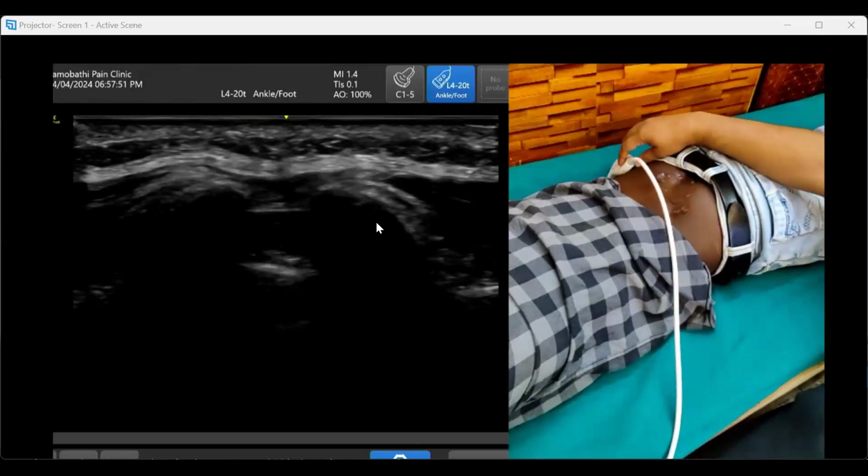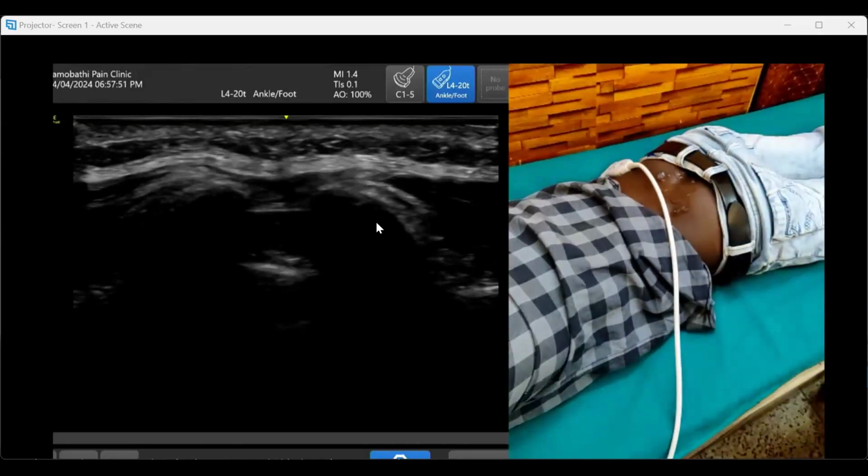You see here, this is the left sacral corner, and this is the right sacral corner. And here in between, we are having this ligament. Okay. So this is the sacrococcygeal ligament.